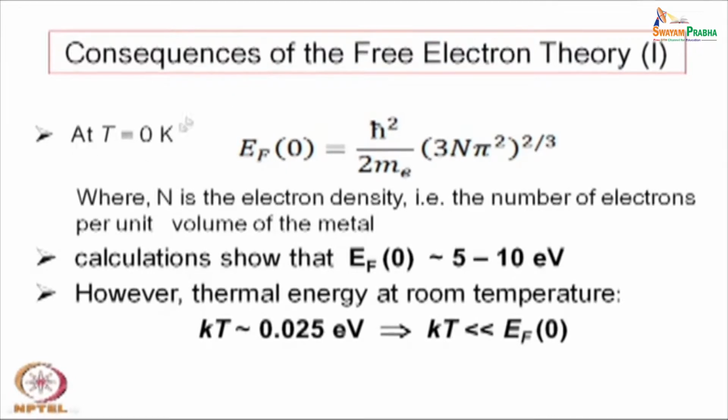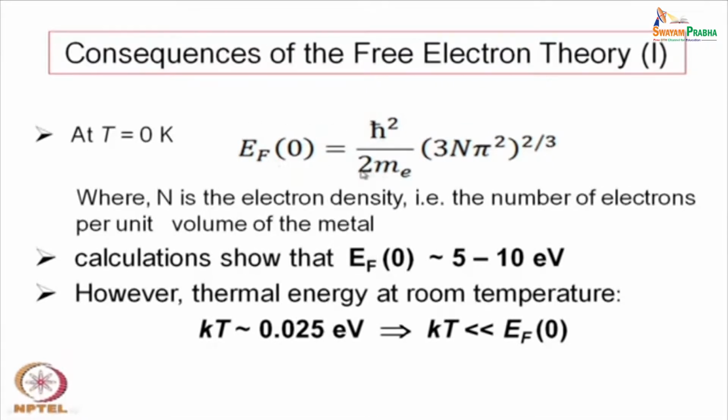So, as a consequence at 0 degree Kelvin, EF at 0 is (h bar squared over 2m) times (3 n pi squared) to the power 2/3, where n is the electron density, that is the number of electrons per unit volume of the metal, not the density of states.